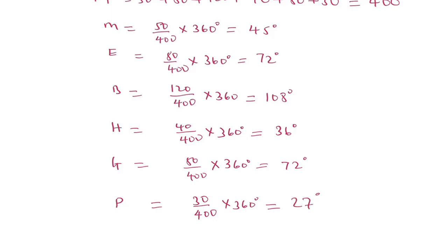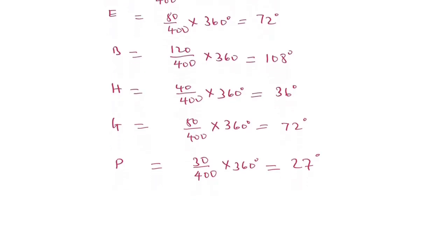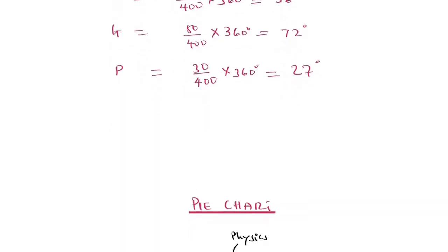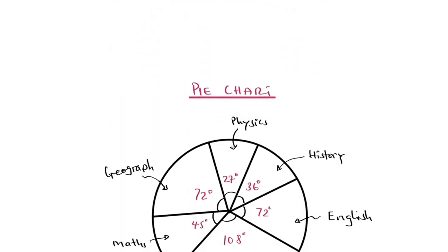Now we have all the degrees for the subjects. We are going to draw the circle and make the partition according to the degrees we have. And our final pie chart will be like this.